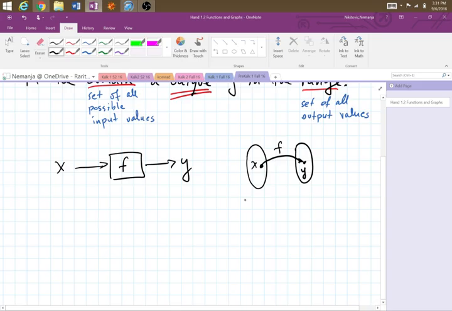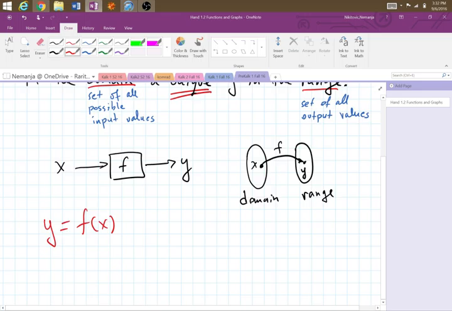We are going to call this set the domain, and this one the range, and we're going to have them mirror images like this. So we move x's from the set of x's into the set of y's by changing them using the function f. Now the notation that we are going to use is y equals f of x.